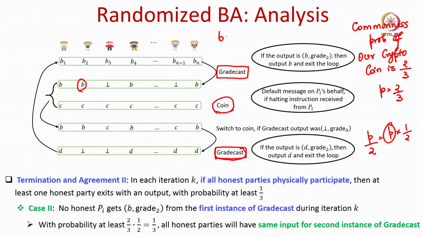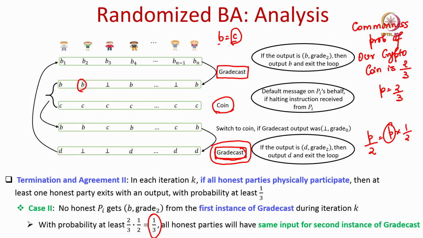So, with probability half B equals C, and with probability P all honest parties will have the same C. That is why with probability P over 2 we can conclude that all honest parties will have the same input at the beginning of the second invocation of Gradecast during iteration k, and P over 2 where P is 2 over 3 guarantees that with probability at least 1 over 3 all honest parties have the same input.